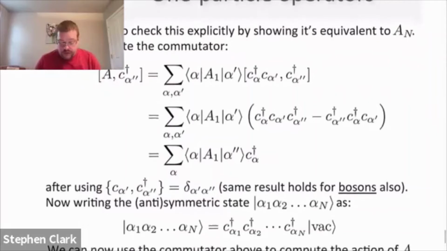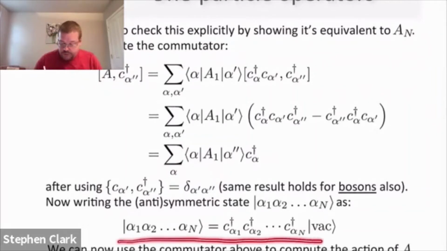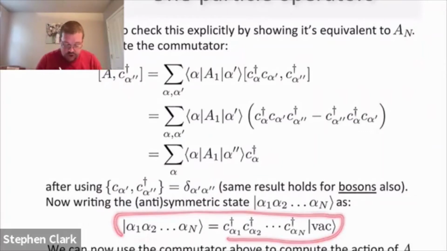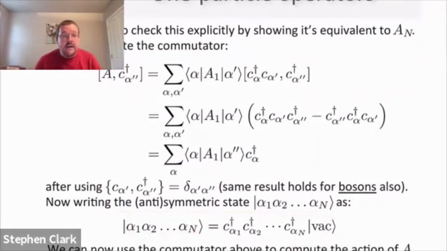So if you take a full number state, this is an occupation number state. I've just decided to write it with all of these numbers explicit, with all the different modes that you put the particles in. If you now apply this operator to this state, what do you get?